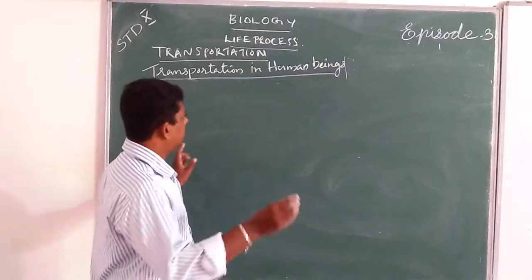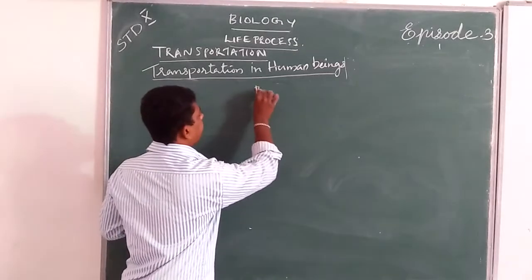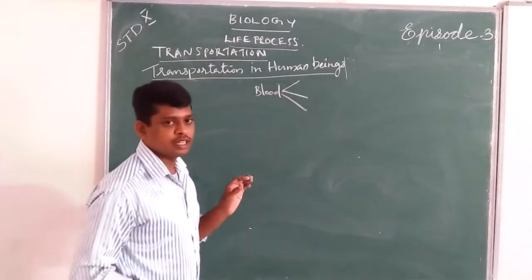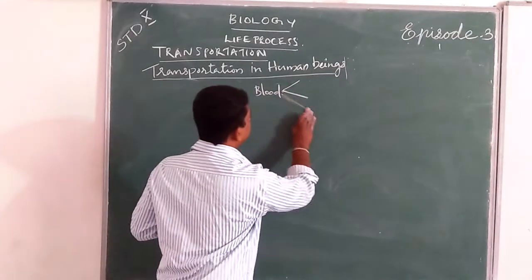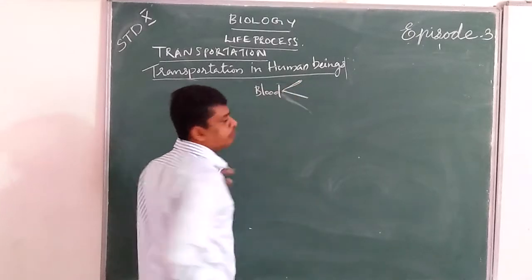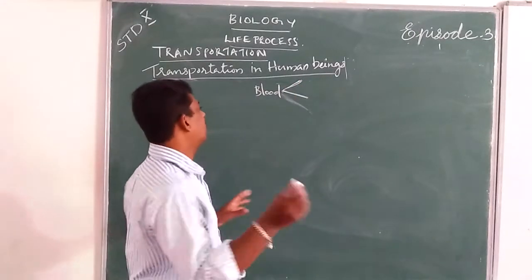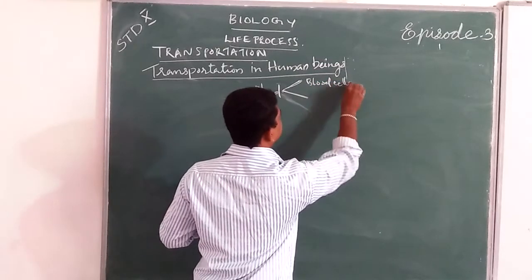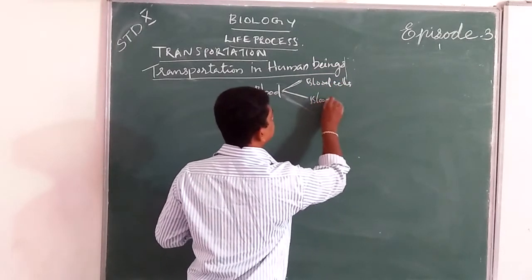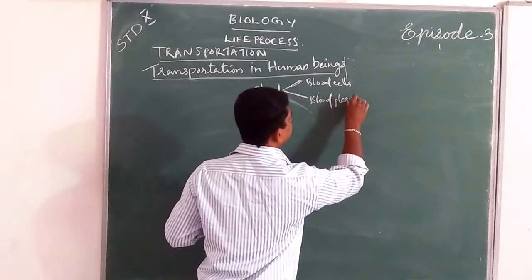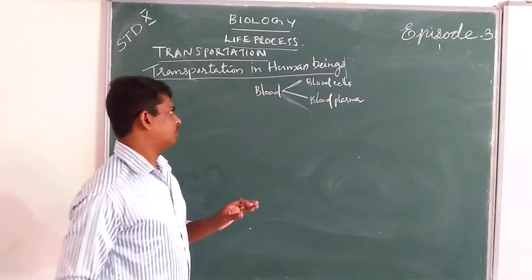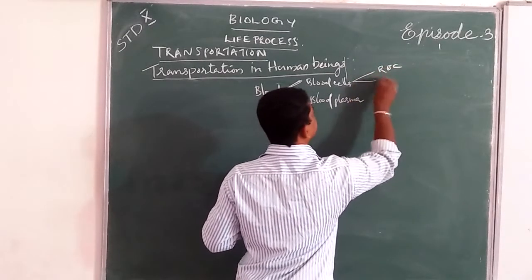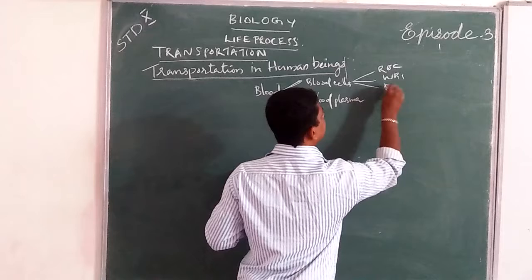Again, blood has two components: blood cells and blood plasma. Blood cells are RBC, WBC and platelets.